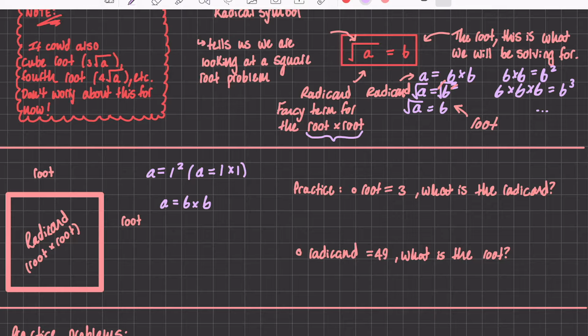I'm going to write these variables on the side to make that a little bit more simple for you guys. If we think of the radicand as A, well, it is A, sorry. I should have used a different variable there, but if we look back here, I said the radicand is equal to a, so we put a there, and the root equal to b. If we think of that as a square, we can come up with this initial relationship.